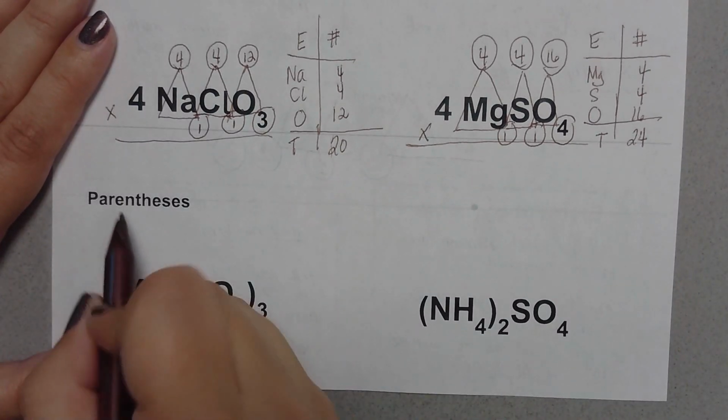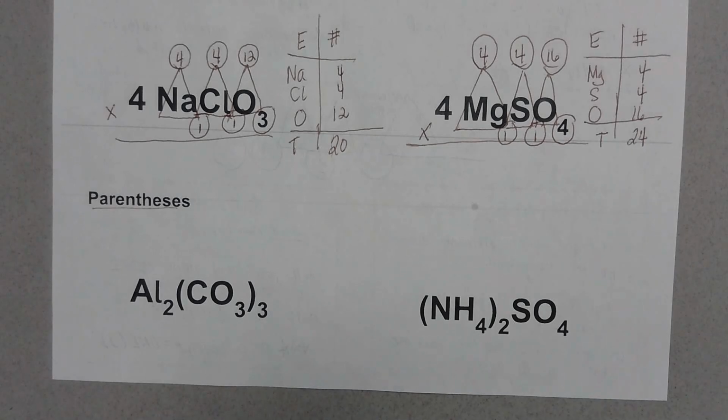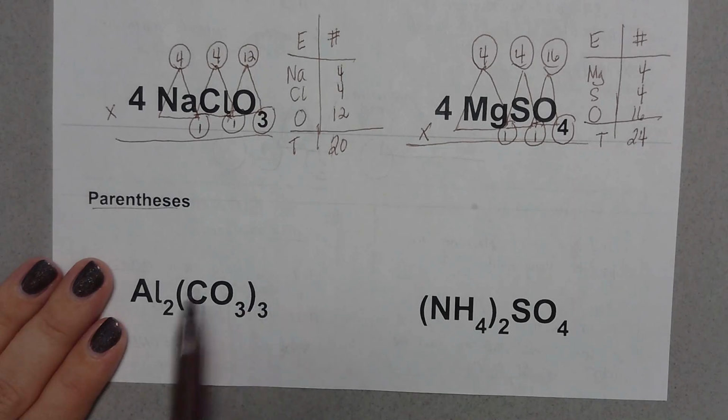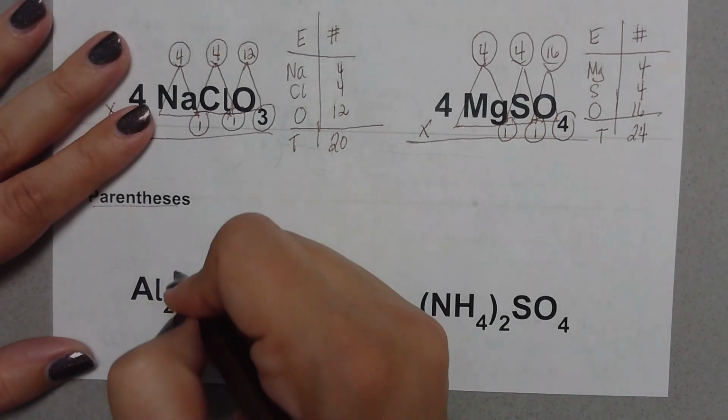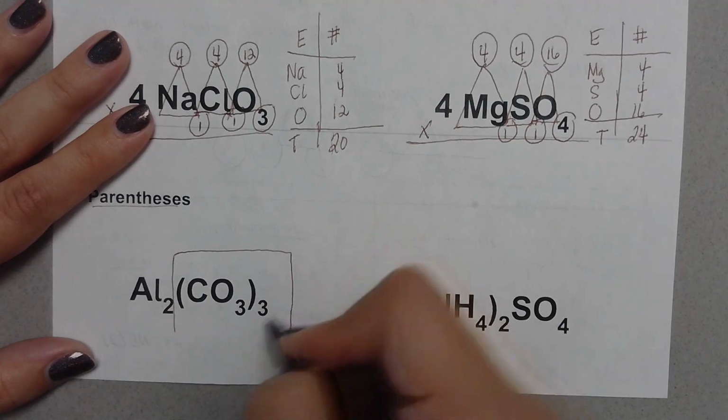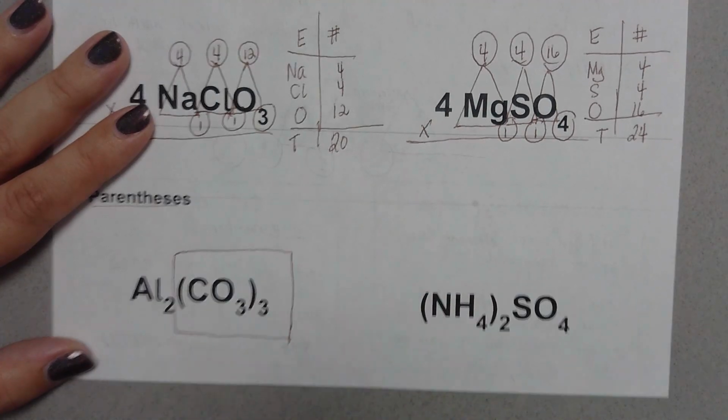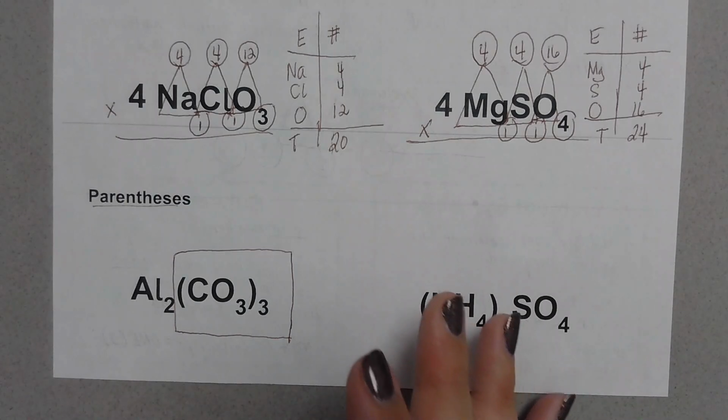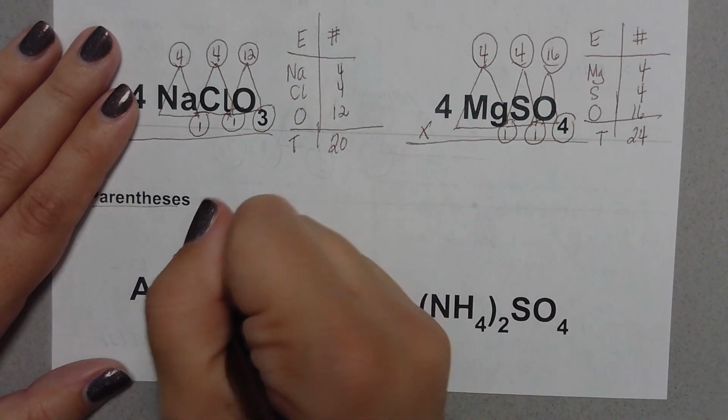For our parentheses, like I said, parentheses multiply only the part of the element within the parentheses. So you're actually going to draw a box around your parentheses, and then everything else is going to be kind of the same process.